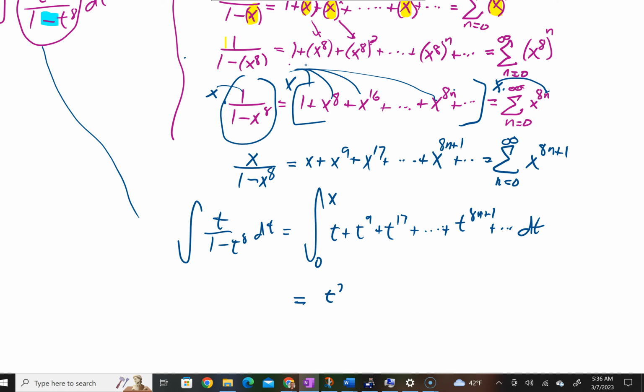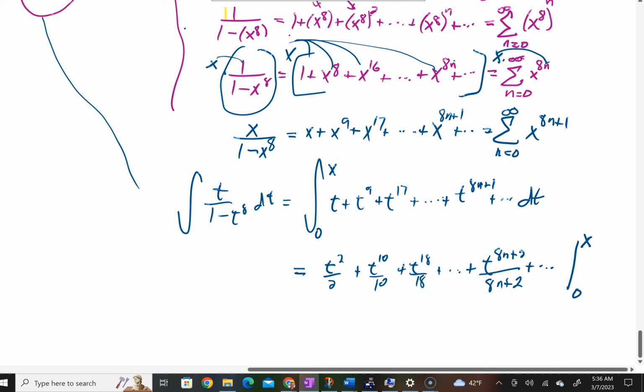Antiderivative, this would be t squared all over 2 plus t to the 10th all over 10 plus t to the 18th all over 18 plus, this would be t to the 8n plus 2 divided by 8n plus 2. And then we'd go from 0 to x.